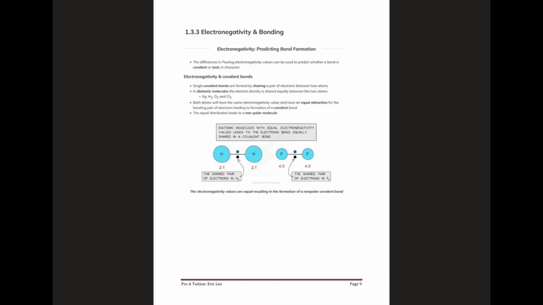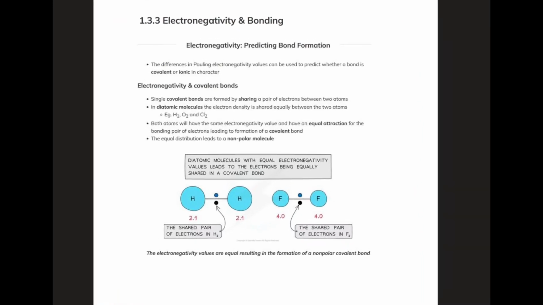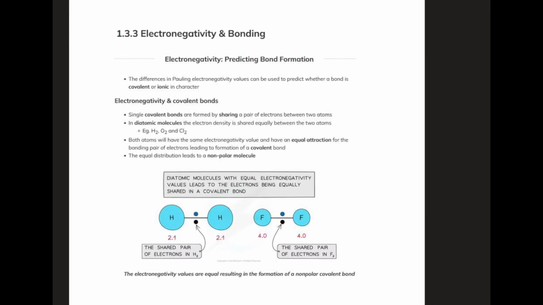Now let's see the effect of electronegativity in the bonding. You can see here, electronegativity predicting bond formation. The differences in Pauling electronegativity values can be used to predict whether a bond is covalent or ionic in character.